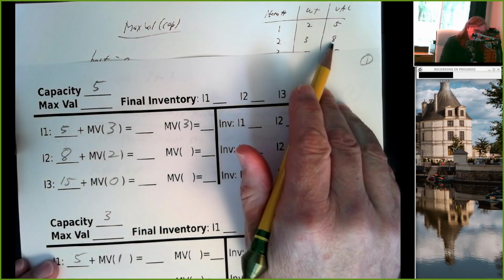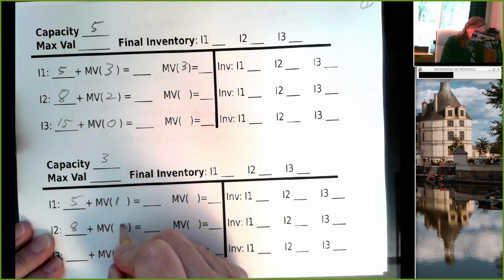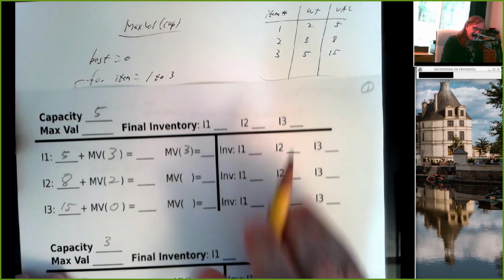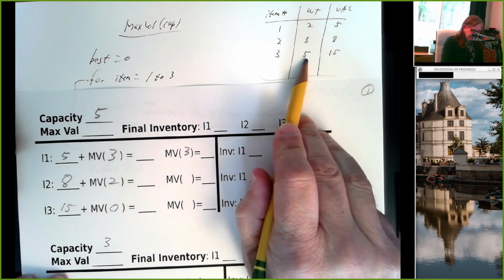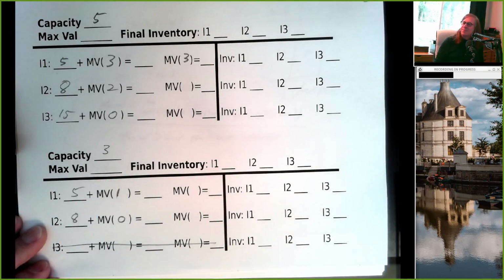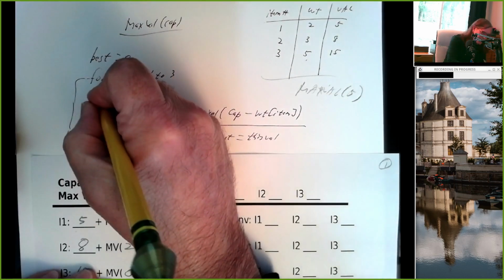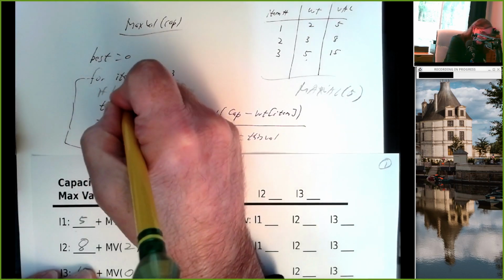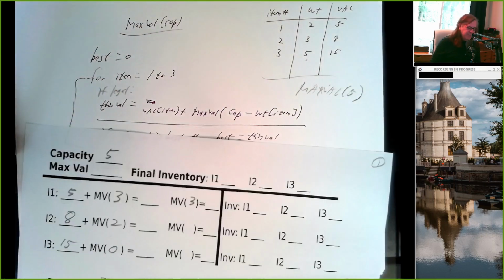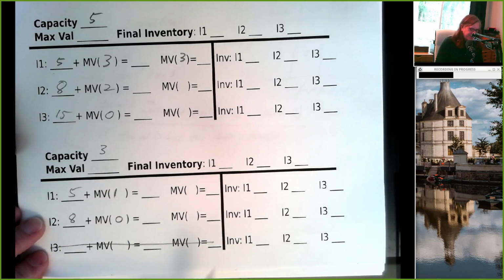If we put in item 2, that gives us $8, and since it weighs 3 pounds, our remaining capacity is 0. And if we put in item 3, that weighs 5 pounds, our capacity is only 3. We cannot put item 3 in our bag. So remember, we need to do a check if this is legal. In this case, item 3 weighs more than our capacity. We're not going to calculate that.